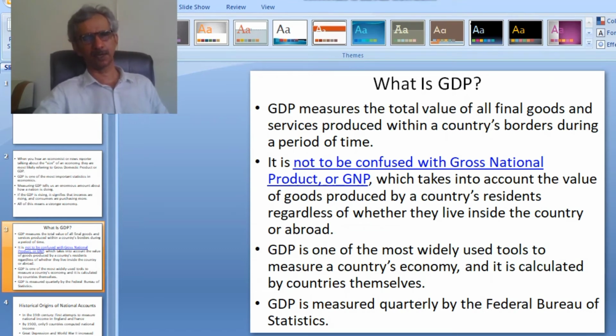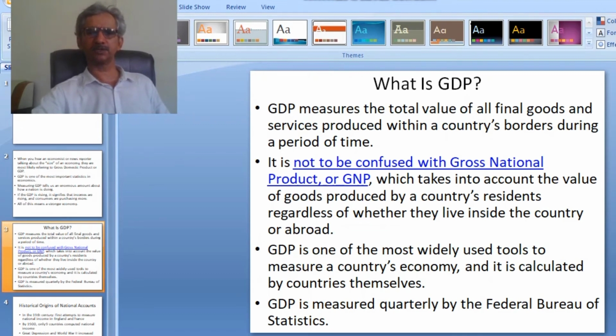In Pakistan's case, there are many foreigners working here, like Afghans, Chinese and other nationals. And Pakistanis are also working in different countries. So when we measure the GDP, we are not going to count the earnings of Pakistanis who are working in other countries, but we count the production in our country by those foreigners working here.